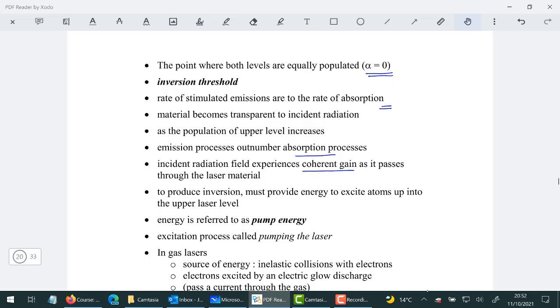In order to do that, in order to move the atoms up into level 2 from level 1, we need to provide some sort of energy source. We need to put energy into the system to move it from level 1 up into level 2.